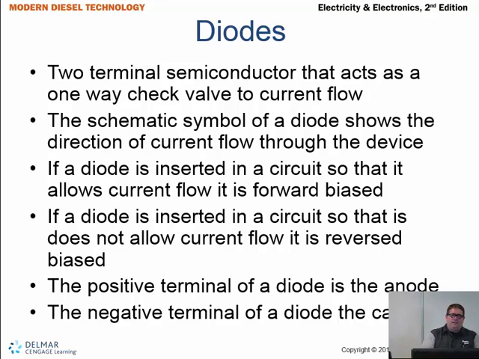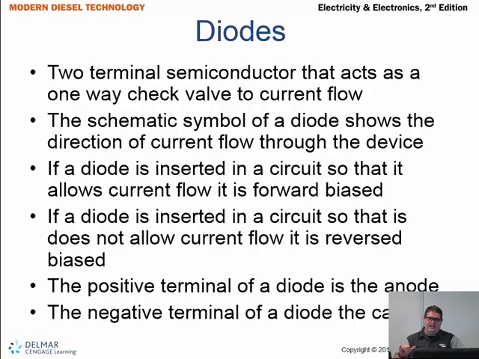The positive terminal of a diode is the anode, and the negative terminal of the diode is the cathode. And how I keep this straight in my mind is, if you think about conventional flow of electricity, we flow from the positive to the negative. So positive is first and negative is last. The anode is first, the cathode is last.